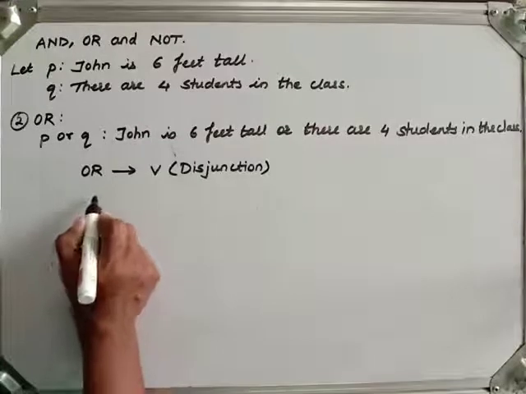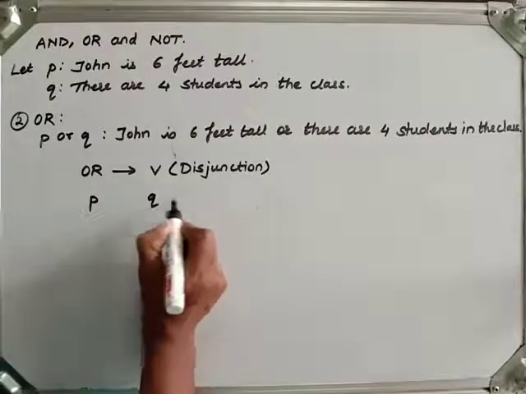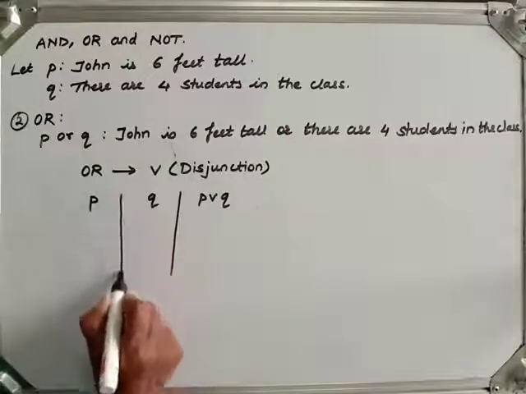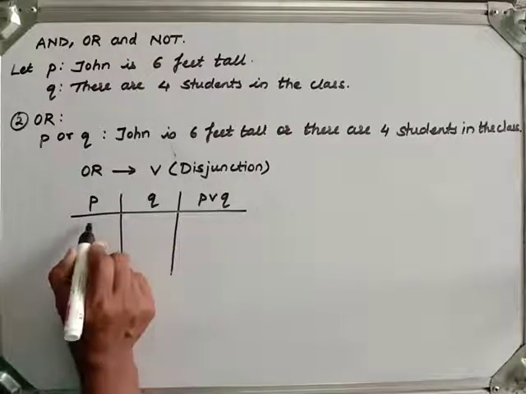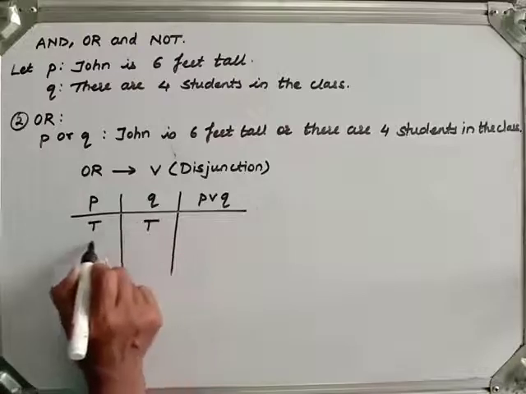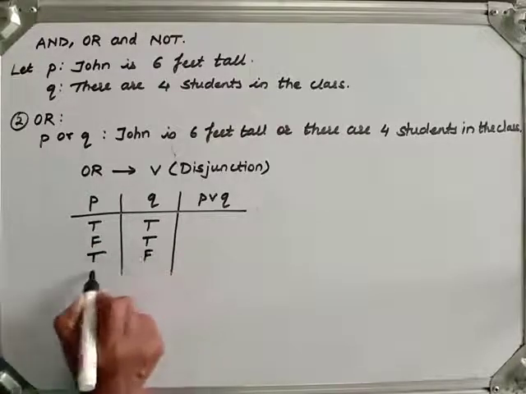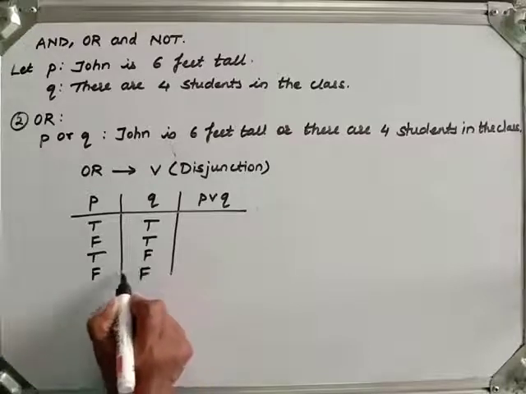So the truth table for this one: P, Q, P or Q. Again 4 possibilities: true true, false true, true false, and false false.